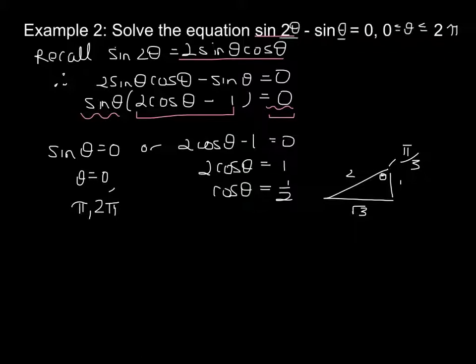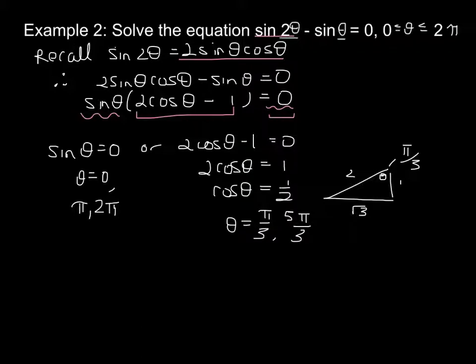And we're positive here, so theta is pi over 3, and it's also positive in the 4th quadrant, so 2 pi minus pi over 3 is the other option, which means that it will be at 5 pi over 3.